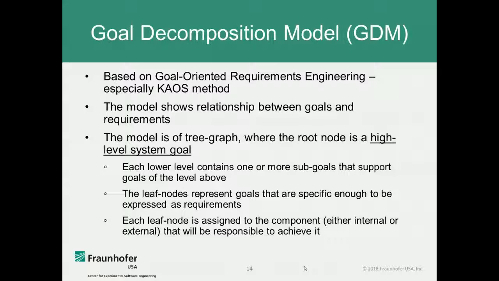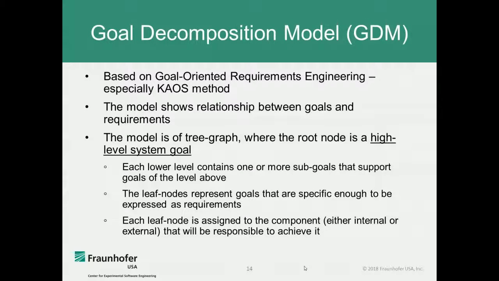So this graphical model looks essentially like a tree graph, where the root of the tree is a high-level system goal, and each level below that is a supporting sub-goal. And the tree is complete when every goal is supported by a leaf node that is a goal specific enough to be implemented.